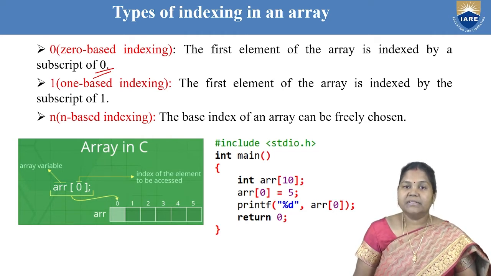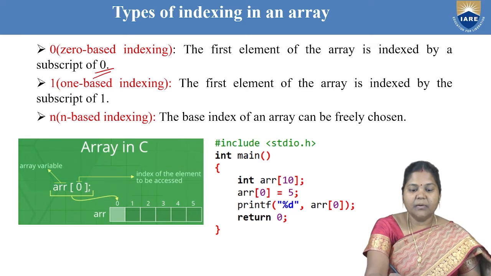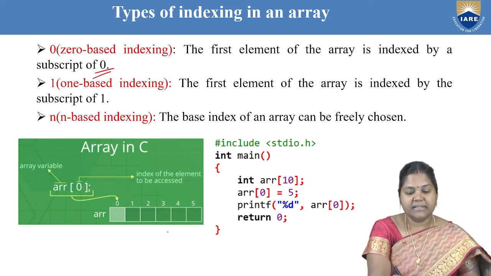Similarly, if the first element of the array is indexed by a subscript of 1, then it is known as 1-based indexing. If the base index of an array can be randomly or freely chosen, then it is called n-based indexing.